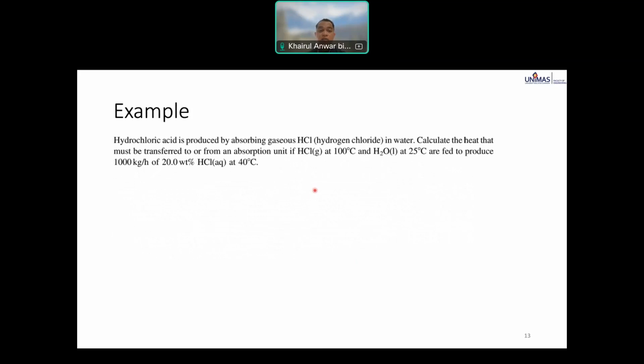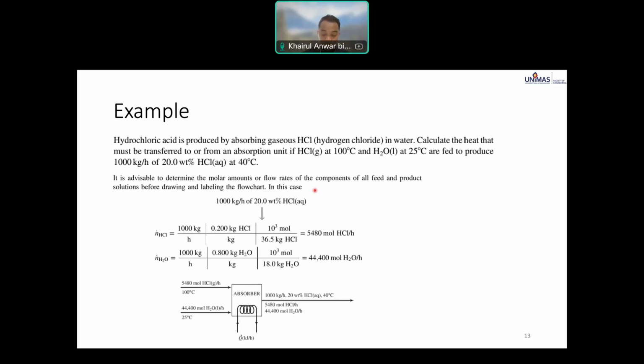Example: hydrochloric acid produced by absorbing gaseous hydrogen chloride in water. Calculate the heat that must be transferred to or from an absorption unit if HCl gas at 100 degrees C and H2O liquid at 25 degrees C are fed to produce 1000 kg per hour of 20 weight percent hydrochloric acid aqueous solution at 40 degrees C. It is advisable to determine the molar flow rate of the component of all feed and product solution before drawing and labeling the flowchart.